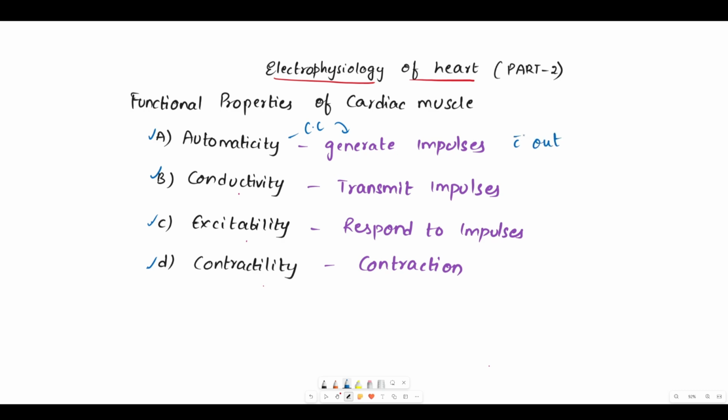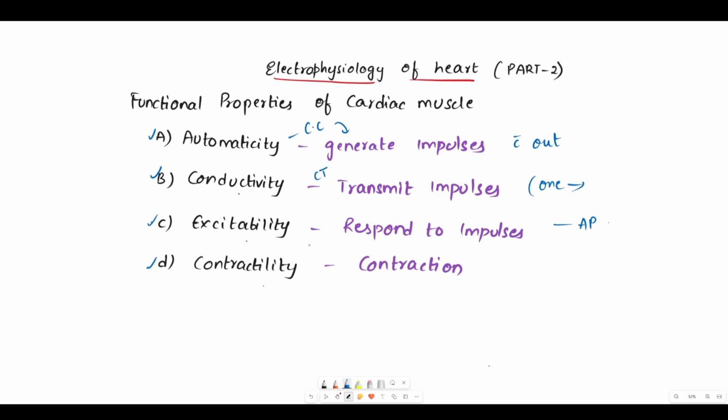Second is conductivity, the ability of the cardiac tissue to transmit electrical impulses from one cell to another. Third is excitability, the ability to respond to electrical signals and to produce action potentials. And the last one is contractility, which is mainly to produce the contraction.